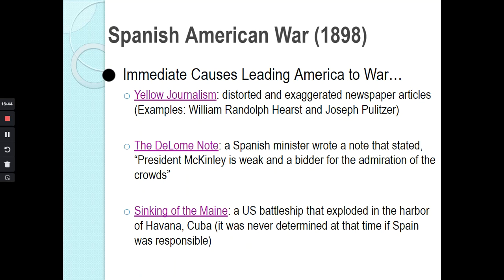A second reason we went to the war is the De Lôme note. This is where the Spanish minister had written a note saying that, quote, "President McKinley is weak and a bidder for the admiration of the crowds," unquote. Here you have a Spanish official calling out the President of the United States as being weak. And we, as Americans, we did not like that.